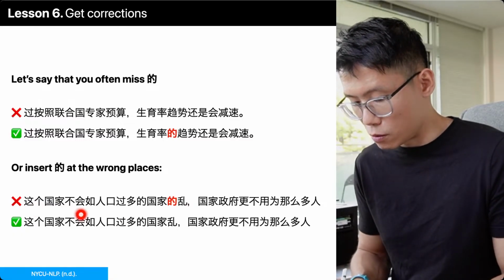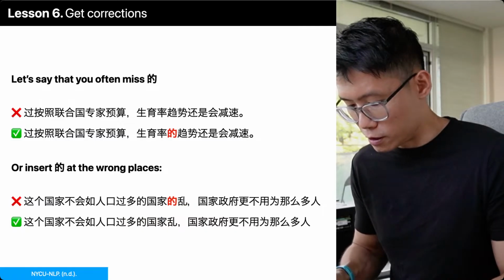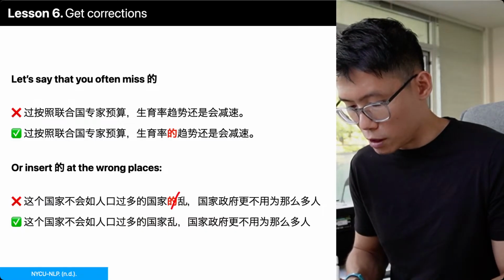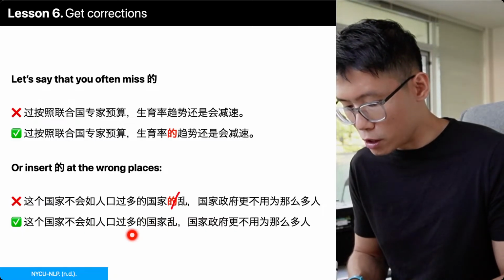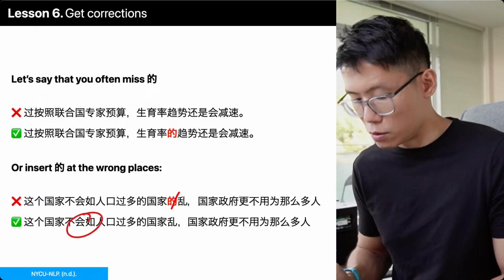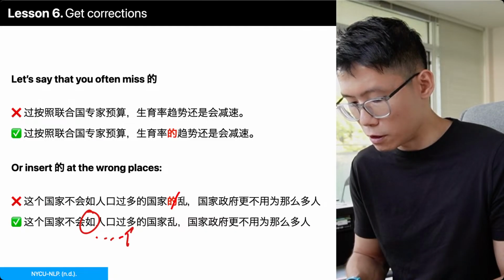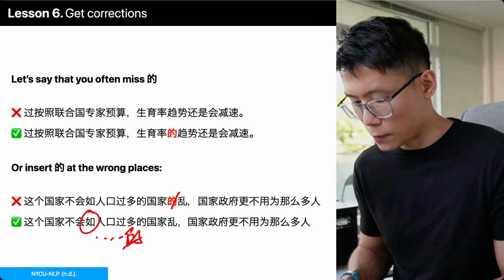For example, 这个国家不会如人口过多的国家的乱, right? You just get rid of it. And then 不会如人口过多的国家乱, right? This is just a use of 如, right? You don't say 如 something 的, you just say 如, right?